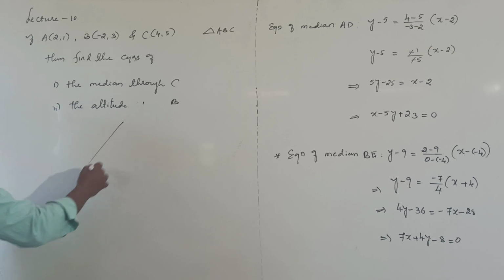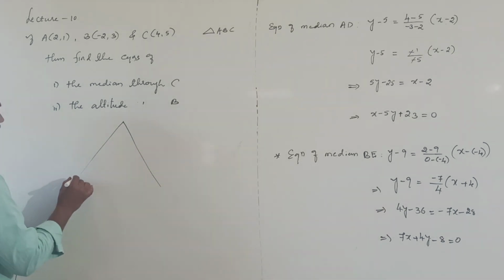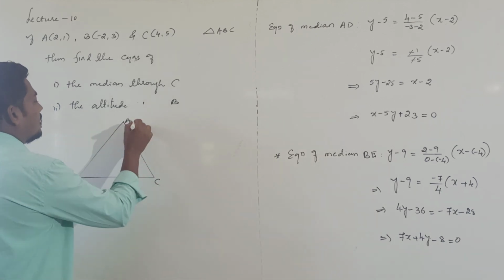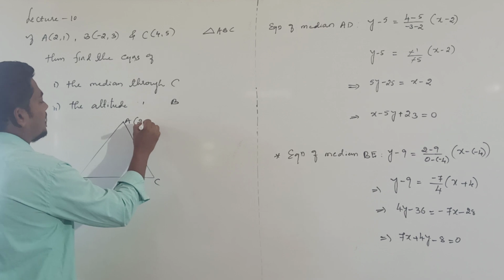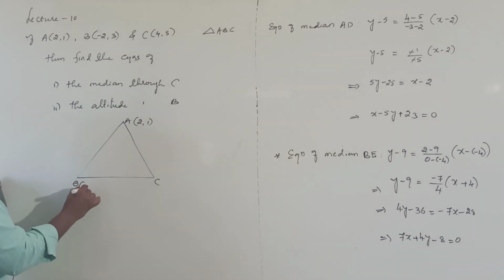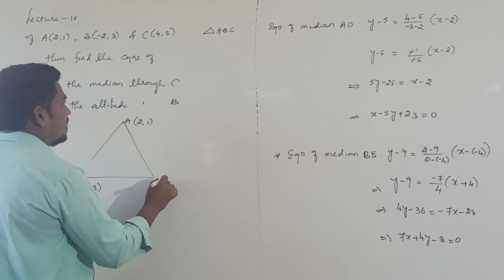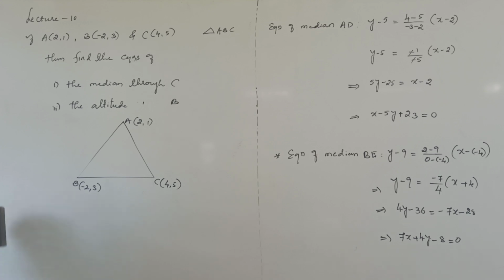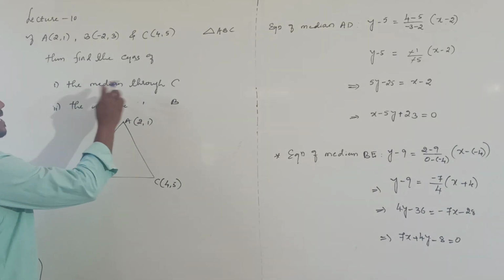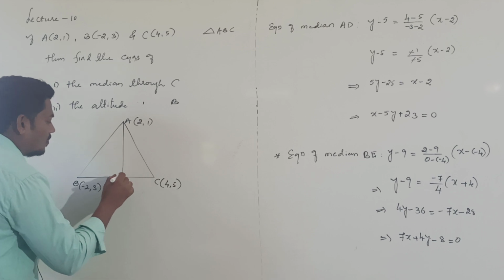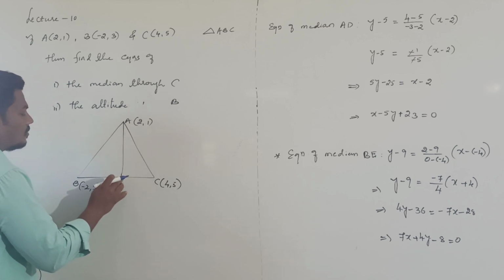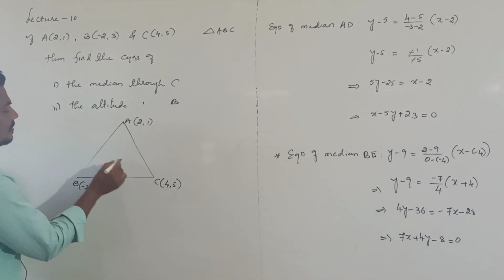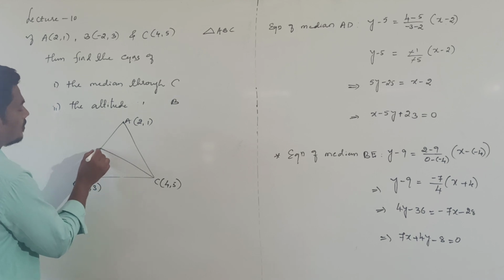Just figure out, consider one triangle ABC, right? Clearly it is A, B and C. A coordinates are given, that is 2 1, B coordinates minus 2 3 and C coordinates 4 5, right? These are the coordinates of ABC. We need to find the median through vertex C, right?